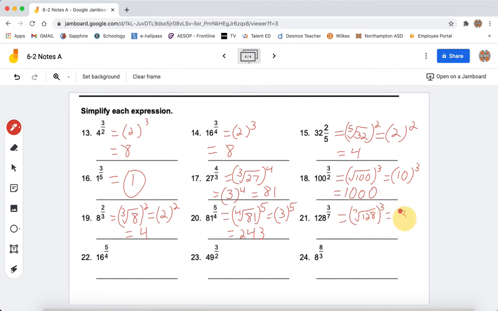So 7th root of 128 is 2. So I have 2 to the 3rd is 8. Fourth root of 16 to the 5th power then. So it's going to be 2 to the 5th is 32.